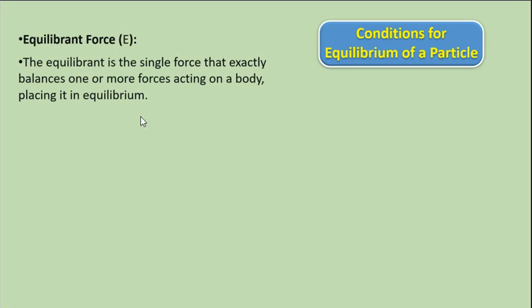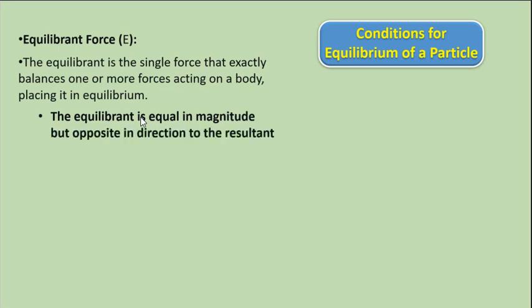If equilibrant balances the resultant to keep the system in equilibrium, it then means that equilibrant is equal in magnitude to the resultant, but acts in the opposite direction. Equilibrant and resultant are equal. They only act in the opposite direction.